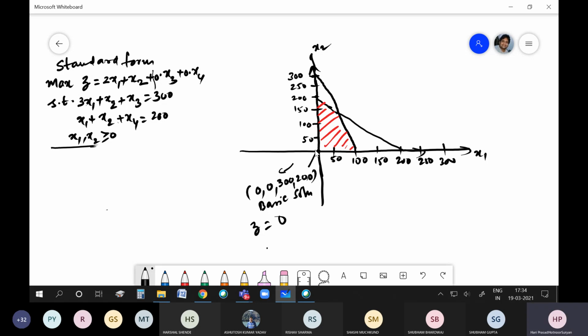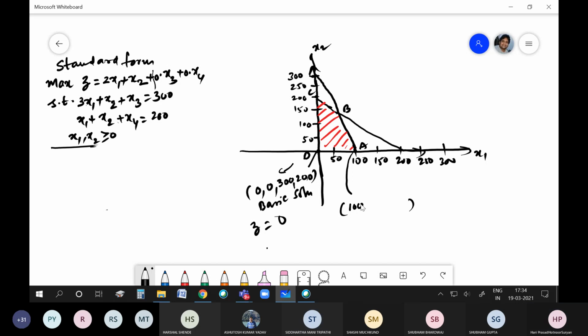Okay, then what will be the value of x1, x2, x3 and x4 at this point? Please tell me. At this point, let me call this as O, A, B, C. What are the values of x1, x2, x3 and x4 at this point A? 100, 0, 0, 100.